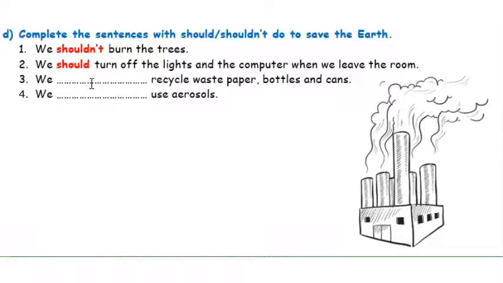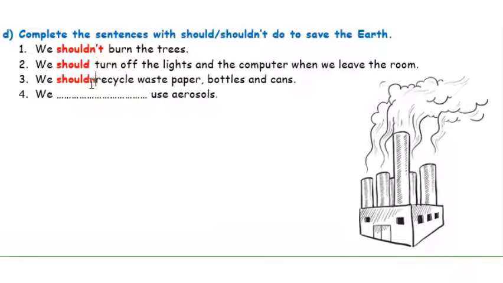Recycle waste paper, bottles and cans. What about recycling, reusing? Is it good? Yes. One of the most important techniques of fighting nature pollution is recycling. We should recycle things that we can reuse. Okay?